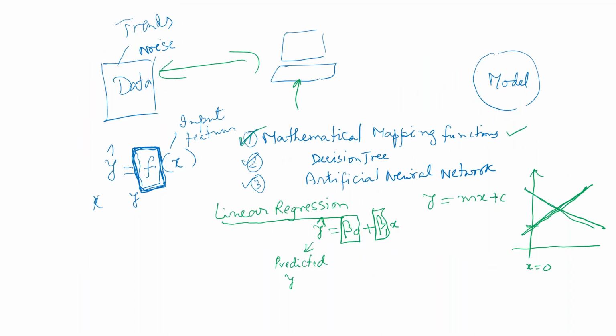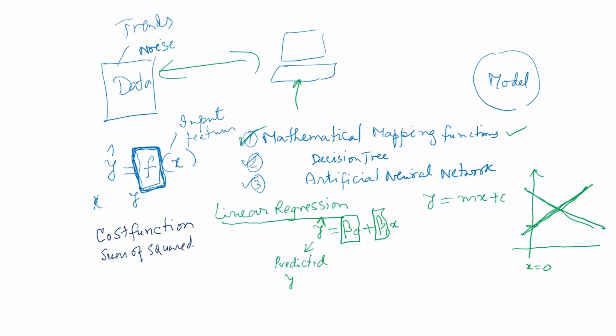But how does our algorithm find the best line that actually represents this data? All algorithms follow what we call a cost function. We'll come to all these things much more clearly. Typically linear regression algorithms follow the sum of squared errors.